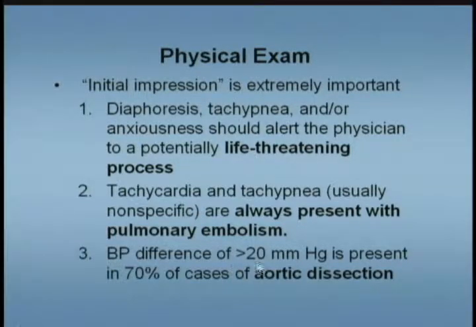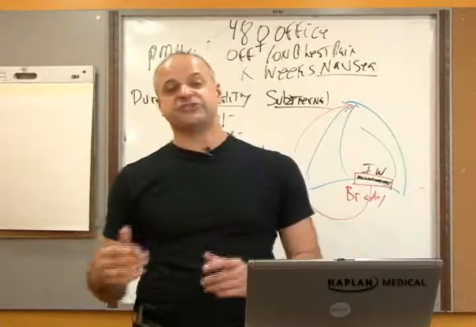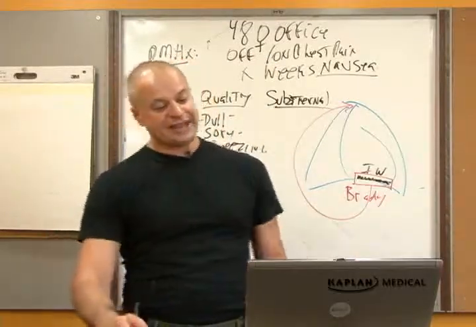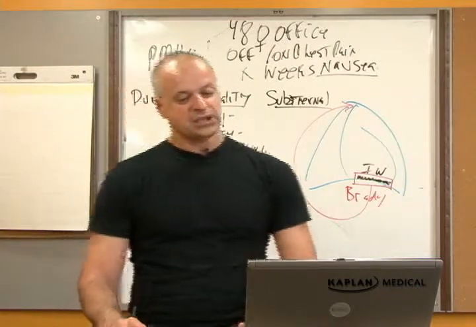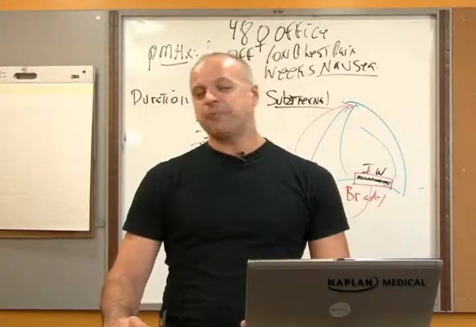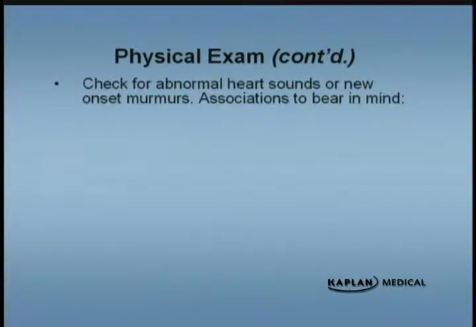Now, what would be useful in the physical exam is the fact that if you have a difference in blood pressure between your arms, that is indicative of aortic dissection, and that is useful. Remember that if palpating reproduces the chest pain, it means the pain is not ischemic in nature.